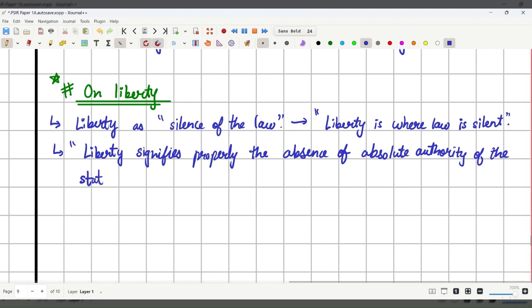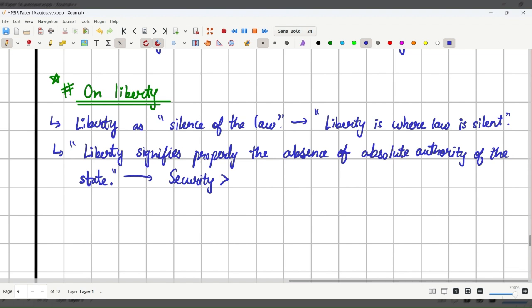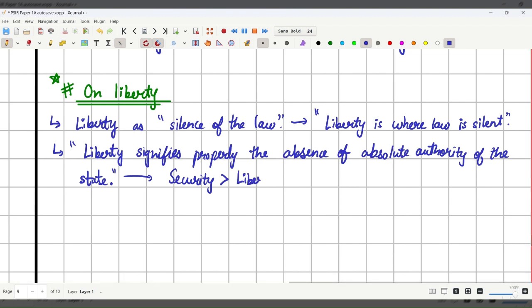So what Hobbes prefers is security over liberty. Hobbes prefers this notion.